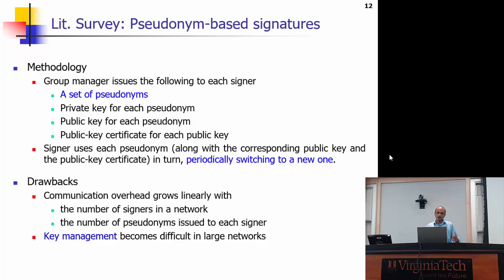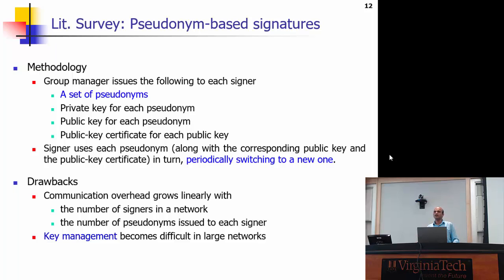For example, a secondary user gets a license for a year. So the FCC gives it, let's say, 365 identities, and every day that secondary user changes its identity. For one day it will be identified as a secondary user who is transmitting, but when it changes to another day, others will not be able to know whether it is the same secondary user that was transmitting the previous day.